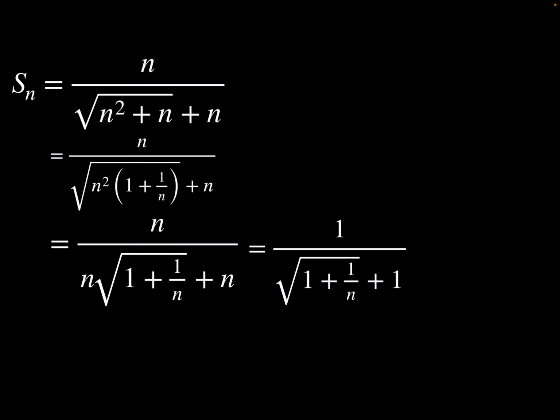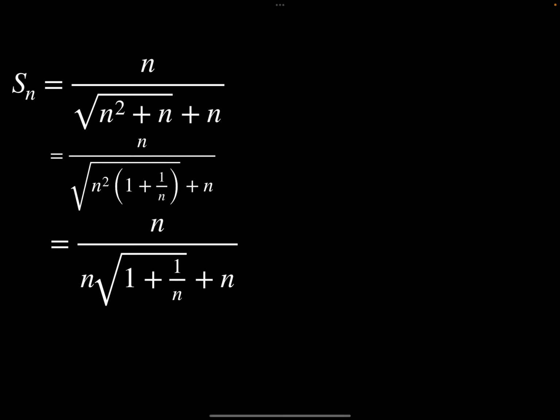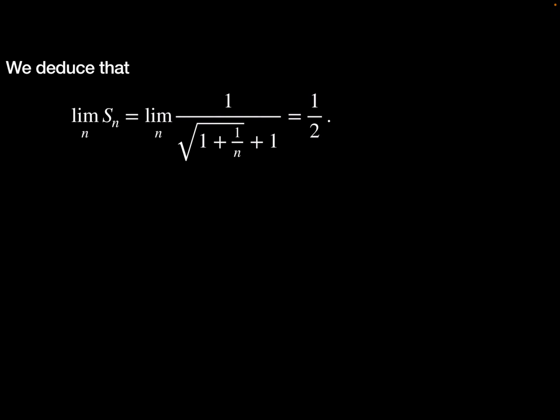Now, notice that 1 over n tends to 0 as n tends to infinity. So we deduce that the sequence of partial sums converges to 1/2. So the limit of s sub n, as n tends to infinity, is equal to 1/2.